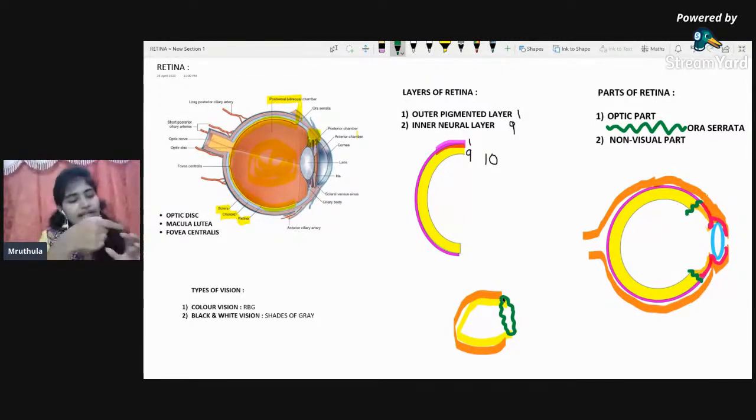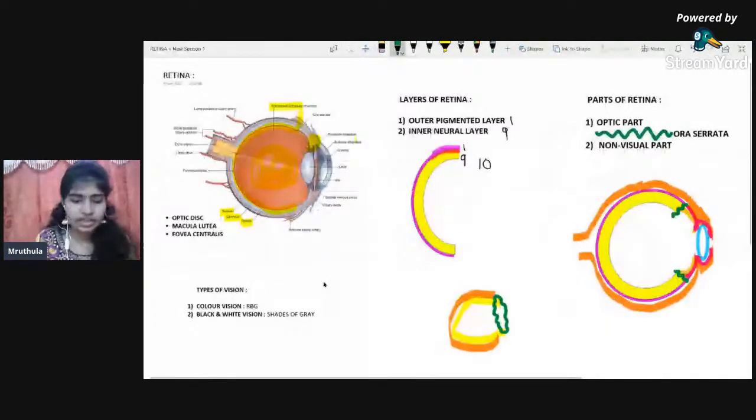So that looks like this. It just forms a margin that is irregular, and that margin we call ora serrata. After the ora serrata, this retina gets totally thinned out, and then from the anterior aspect, it will line the ciliary body and the iris. Okay, so that's about the lining. Hope you got a good imagination of how this retina is lining.